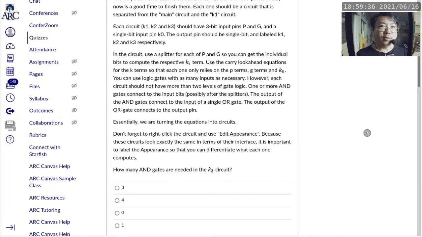So you have to be implementing K1, K2, K3 correctly, and you have to be using the carry look ahead mechanism in order to get full credit. Is that making any sense? In other words, I do take a look at the actual circuit to see whether it is correct or not.